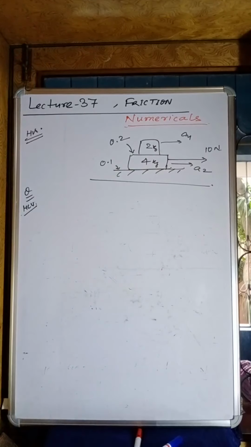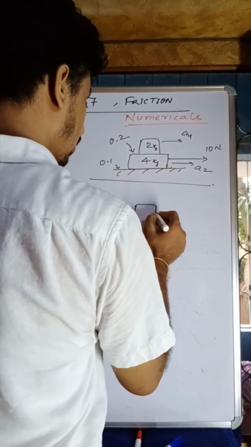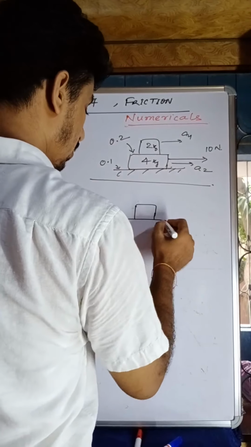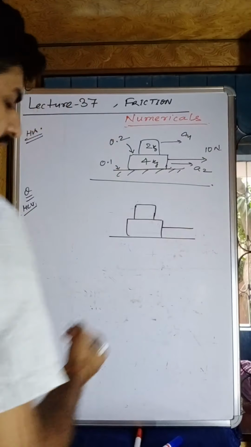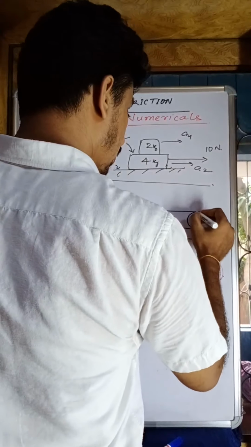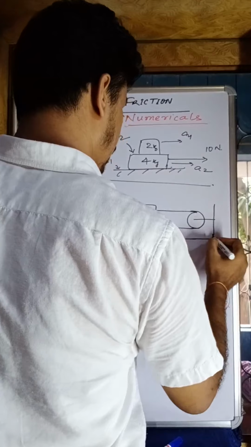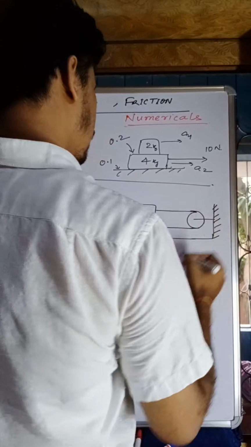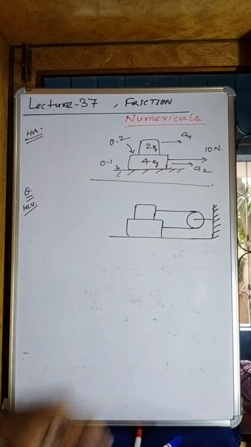My dear students, two blocks are connected in this way with the help of a pulley. Remember, the pulley is massless and frictionless.